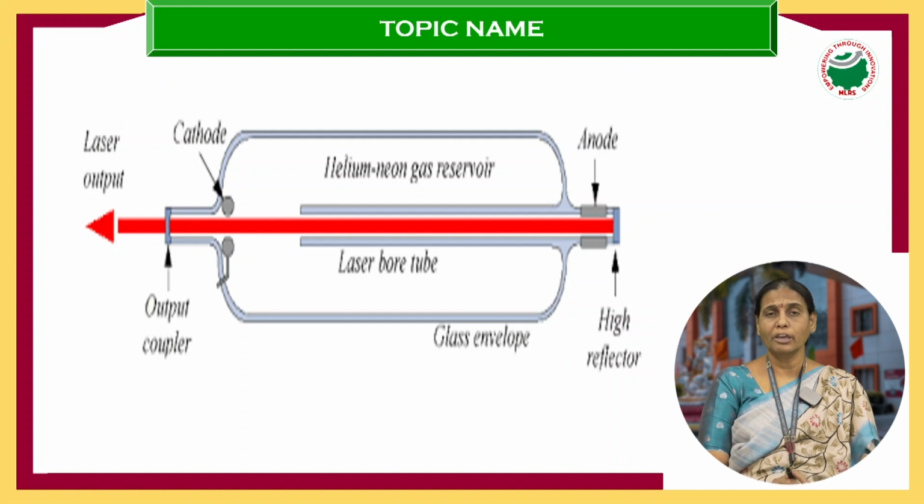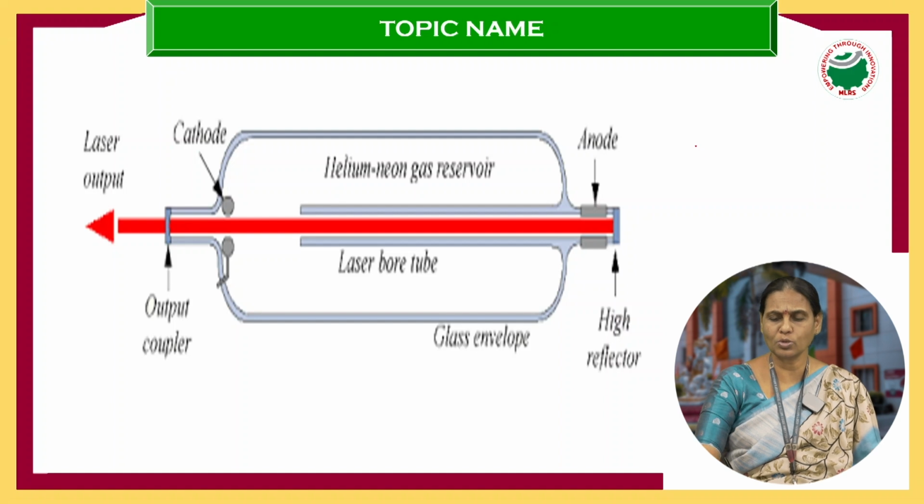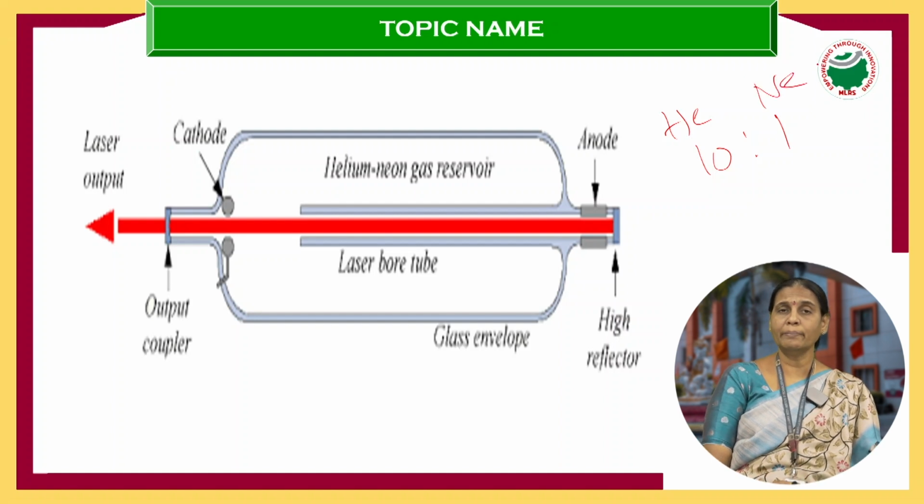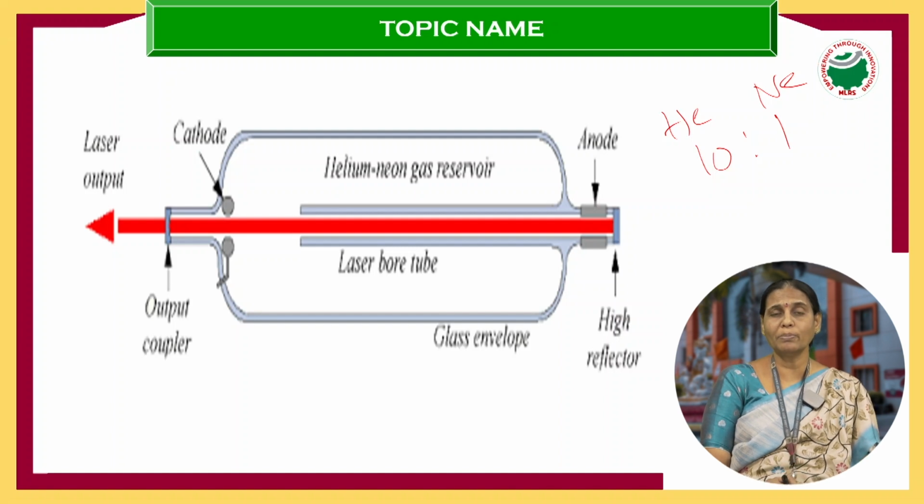If you fill 10 helium atoms, that energy is utilized for one neon atom to be filled in this glass tube. That's why we write the ratio of these two gases as 10:1. Helium is 10, neon is only one atom. So 10 atoms of helium take the energy, meaning only one atom of neon is pumped into the glass tube.